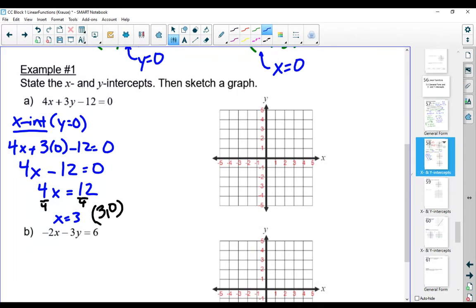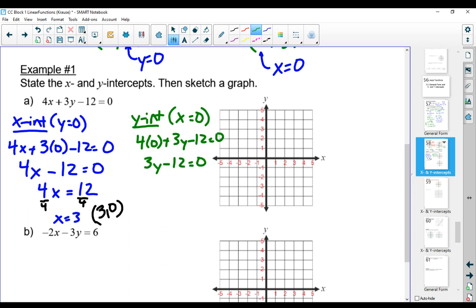Now for the y-intercept, when we're solving for the y-intercept, x equals 0. So we're going to sub in 0 for x and solve for y. So 4 times 0 plus 3 times y minus 12 equals 0. 3y minus 12 equals 0. Add 12 to both sides. We have 3y equals 12.